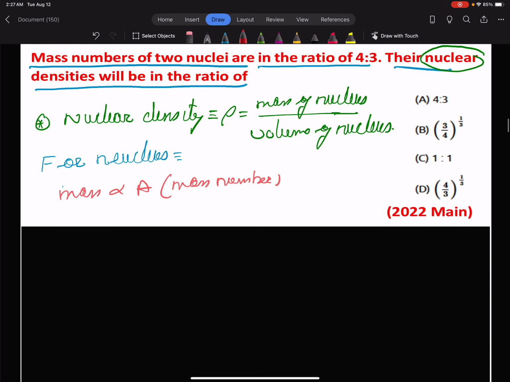And radius is proportional to the cube root of this mass number. From here we can also write that the volume V will be proportional to the cube of the radius, or we can say proportional to our mass number.